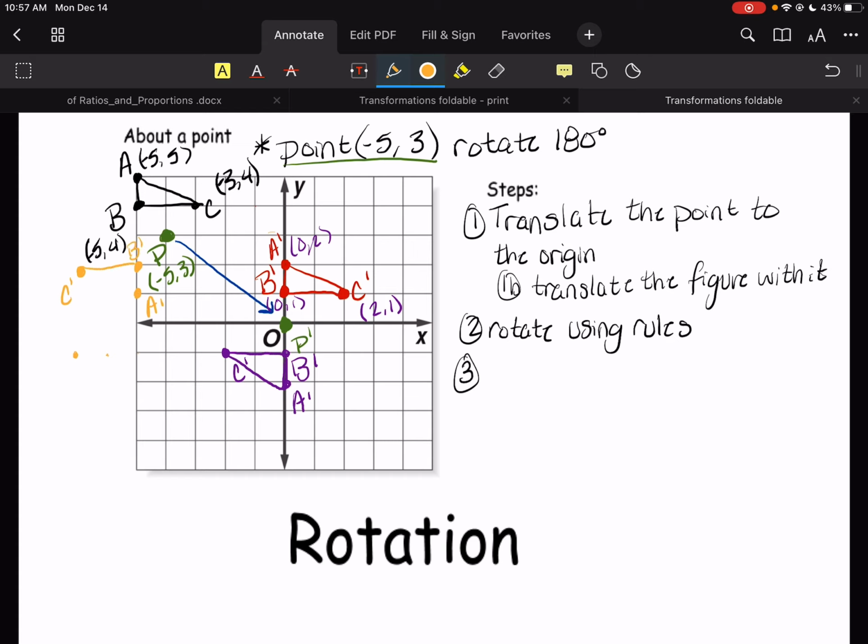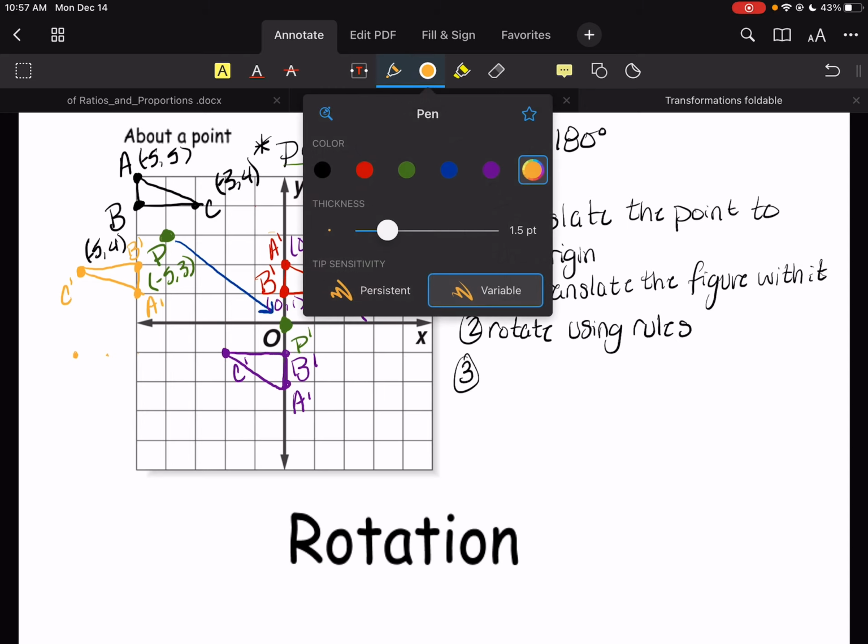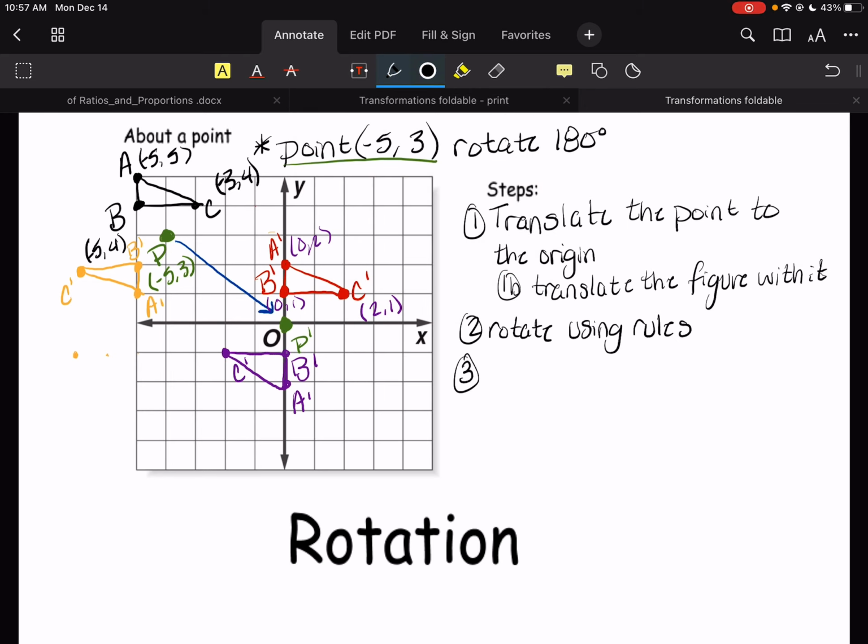So this isn't going to be quite perfect because our C is off there, but that's kind of what it looks like if we were to rotate this 180 degrees using -5, 3 as the origin. So step 3 then is just to move it back, or translate it back.